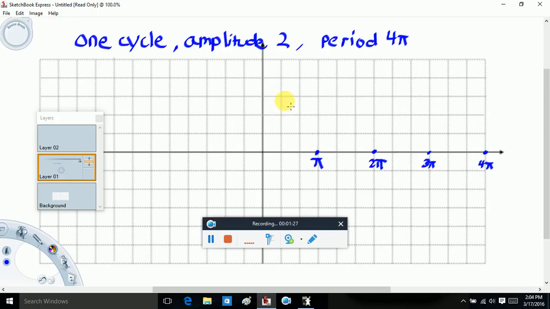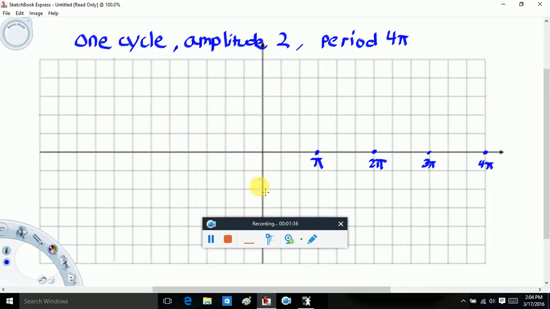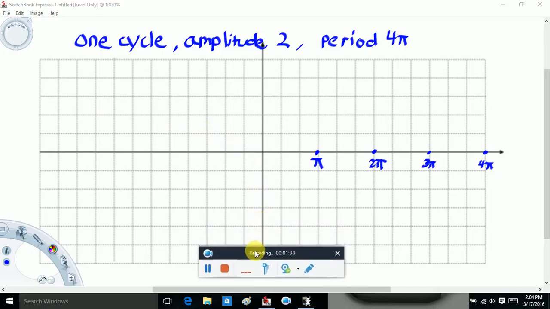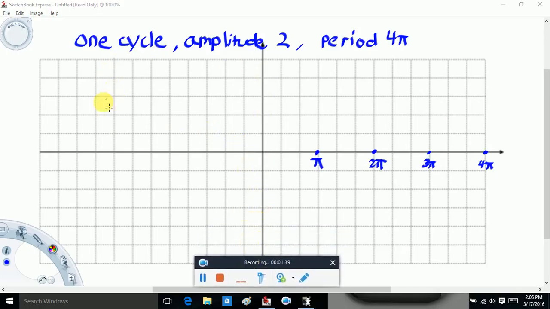So now how do we sketch the graph? So if you look at the sine curve, and I'm just going to draw a small unit circle here. Okay, we had a unit circle.